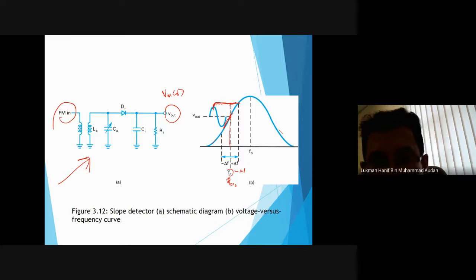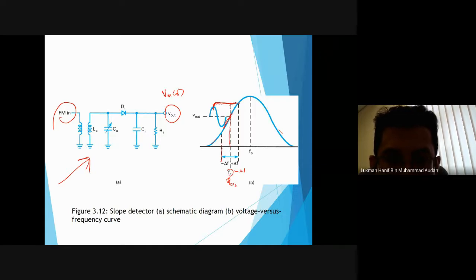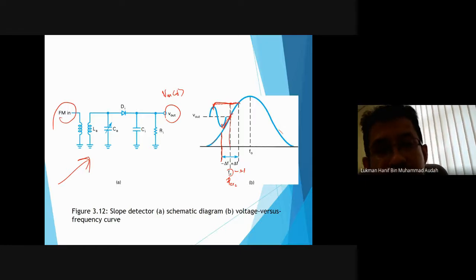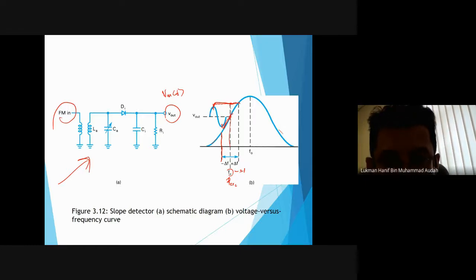Okay. And then what? Then if the center of IF change from FIF center minus delta F over here, dia akan menghasilkan output dengan voltage yang rendah. So perubahan ini kita akan lihat seperti ini.